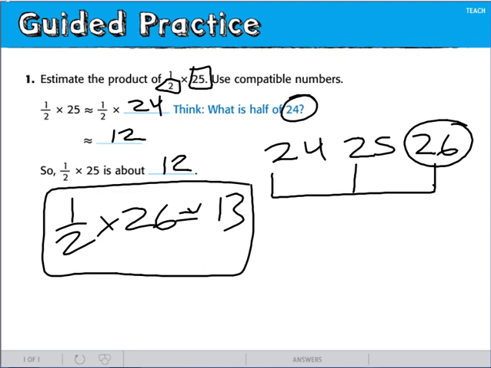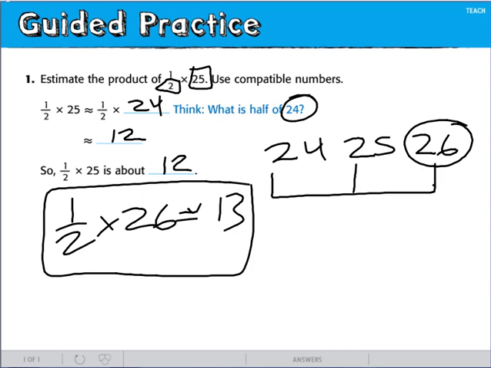You could come up to me and say, Mr. Bedwell, 25 is right in the middle of 24 and 26. Well, if it's right in the middle, you round up. Because I was taught if I was rounding to the nearest 10, and I had 0 and 10, and you gave me the number 5, which falls right in the middle between 0 and 10, which direction do you round? Up.